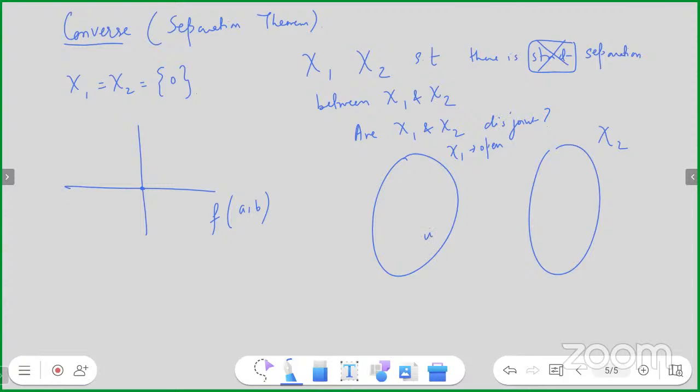Given that the set chi1 is open, I want to claim that f of U is in fact strictly less than 0, for all U belonging to chi1. Why? Because if f of U is equal to 0, then what happens? The set is open.